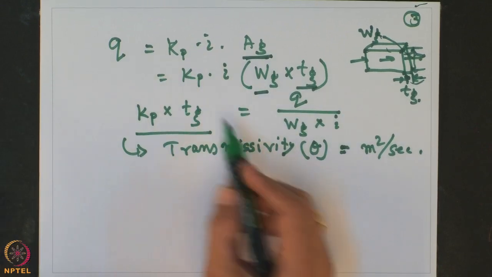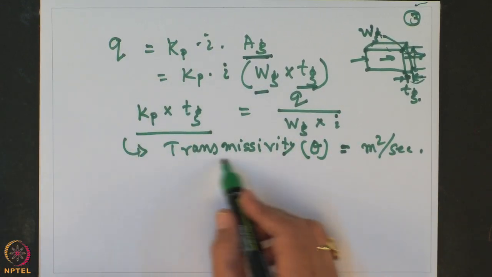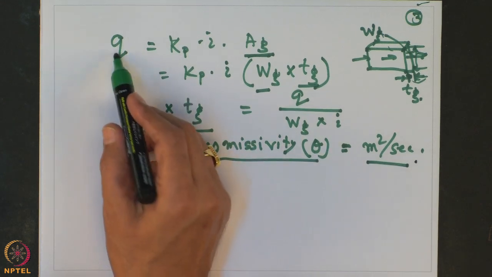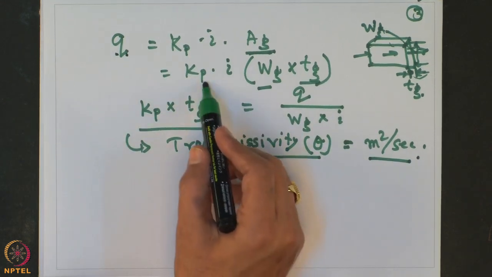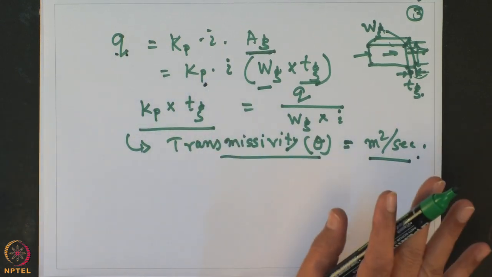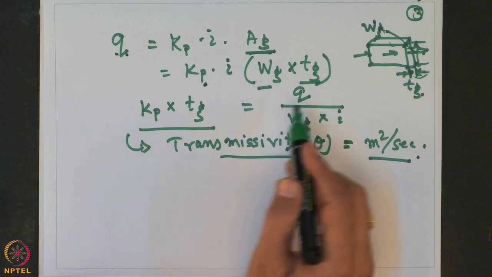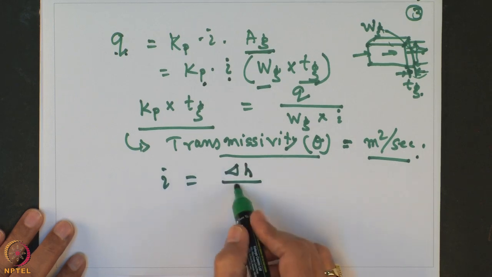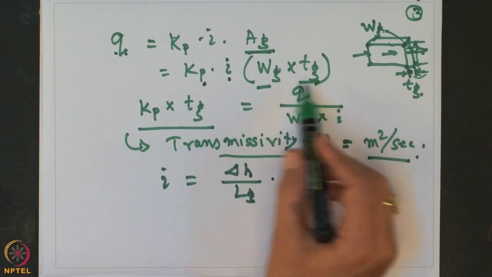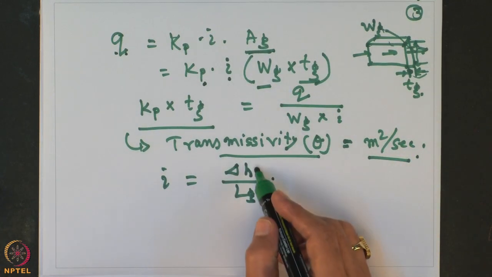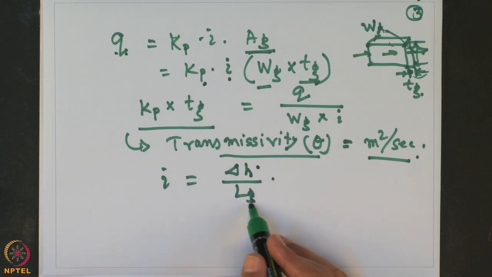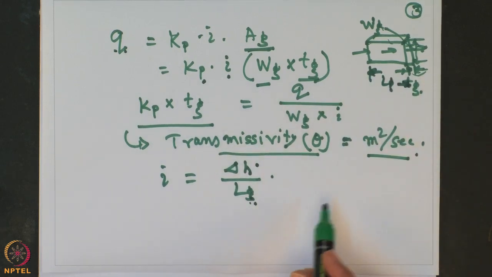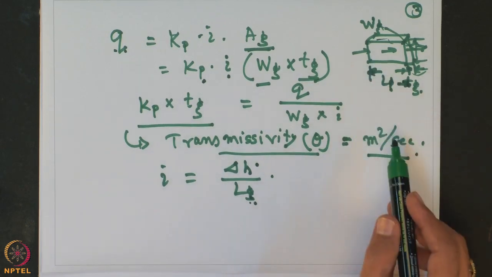So, theta is the transmittivity of the geosynthetic material, the unit is meter square per second, and Q is the flow rate, meter cube per second, and Kp is the hydraulic conductivity in the plane of the geosynthetic material. i is the hydraulic gradient, equal to delta H by Lg, where delta H is the head loss and Lg is the length of the geosynthetic material, Wg is the width, and Tg is the thickness.